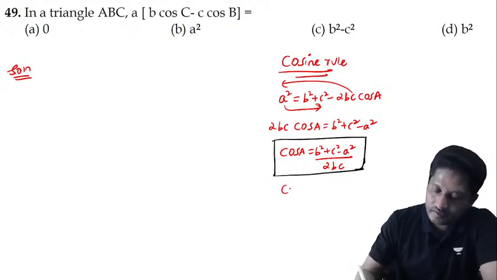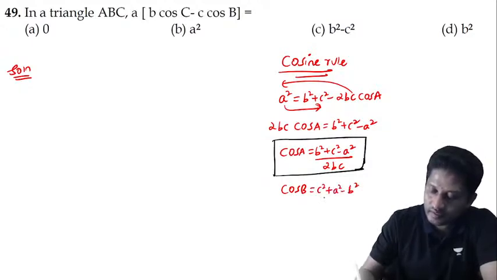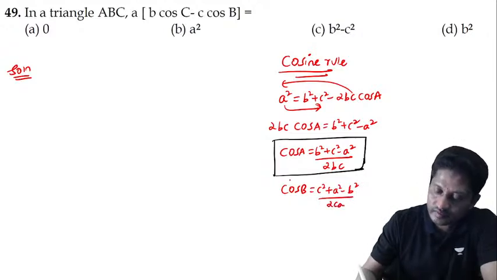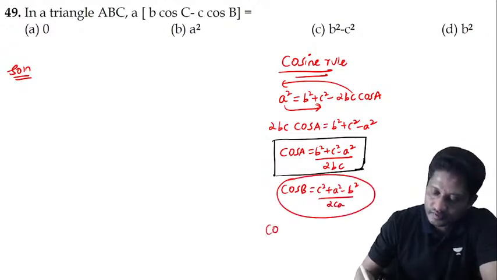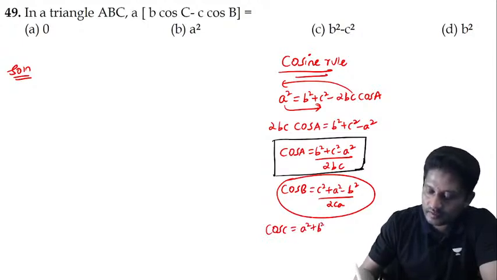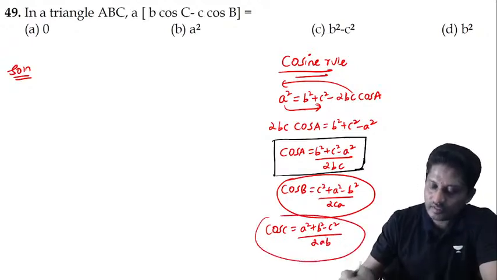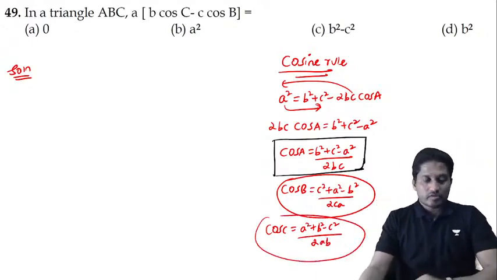Similarly, cos B is equal to C square plus A square minus B square divided by 2CA. This is cos B. And cos C is equal to A square plus B square minus C square divided by 2AB. This is cos C. Now I'm going to use this formula.